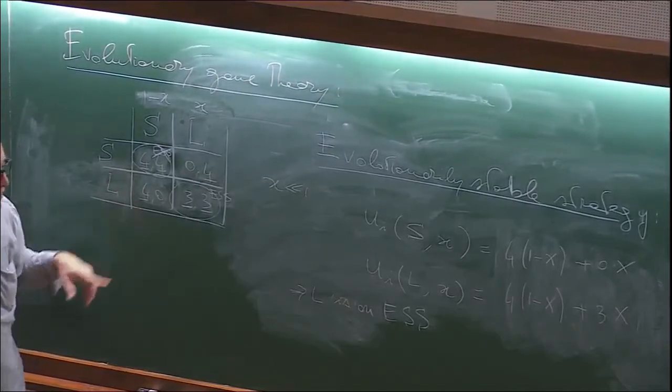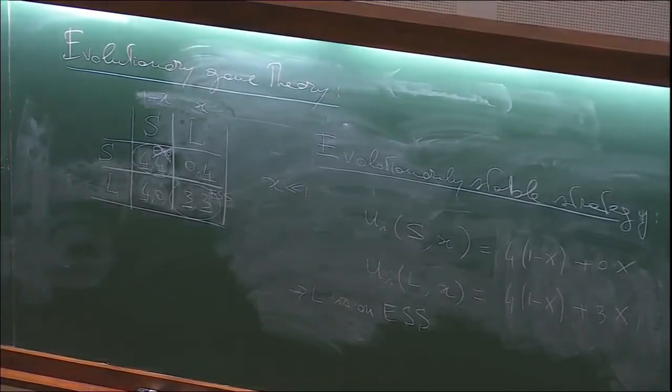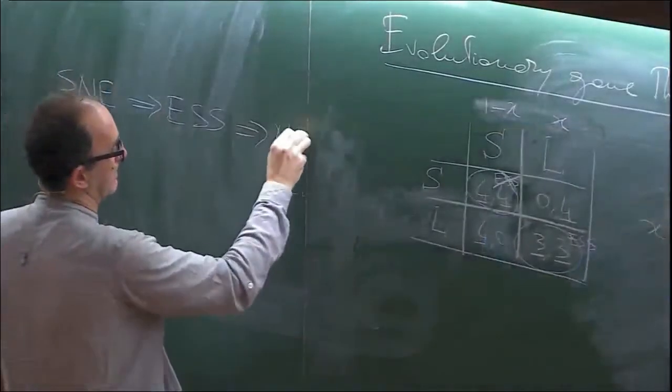So strict Nash must be ESS. If it is strict Nash, it must be ESS. But if it is not strict, it may not be ESS. So the strict Nash equilibrium implies ESS, and ESS implies Nash equilibrium.